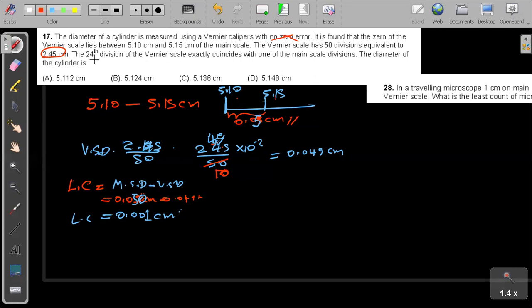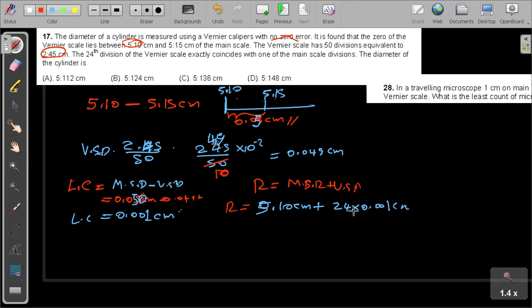The main scale should be read first, and the vernier scale will give the next part. So the reading is the main scale reading, MSR, plus the vernier scale reading. The main scale reading is already found: 5.10 centimeter, plus the 24th line, 24 multiplied by 0.001 centimeter.